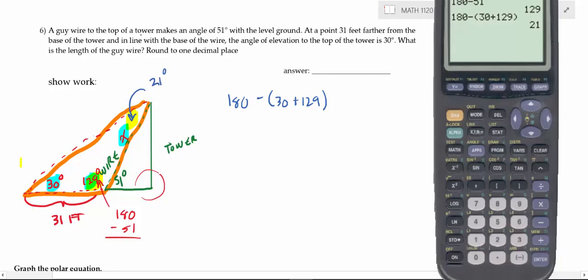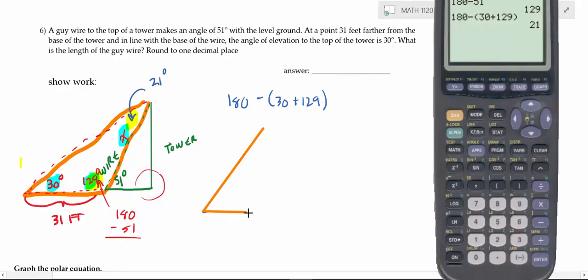Okay, so now we've got everything we need. So what you really have on this problem is the following oblique triangle. So you've got a side here, like that, and then you've got a side kind of going like this.